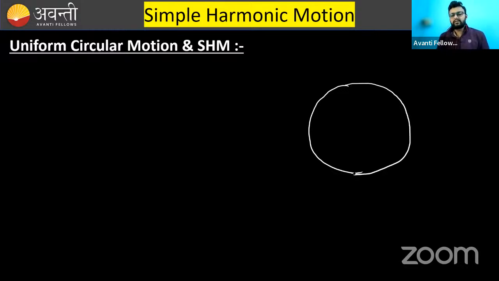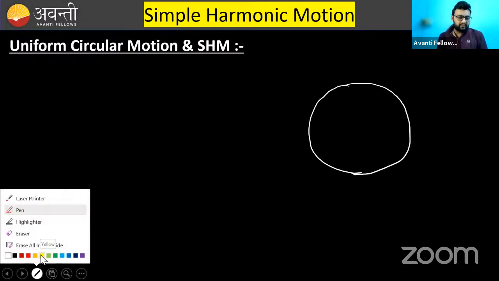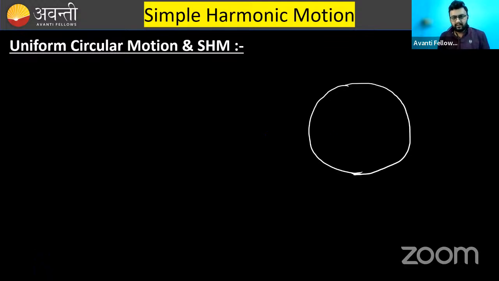The particle is moving in a circular path. Let's choose some axis. Let's suppose this is our x-axis and this is our y-axis.